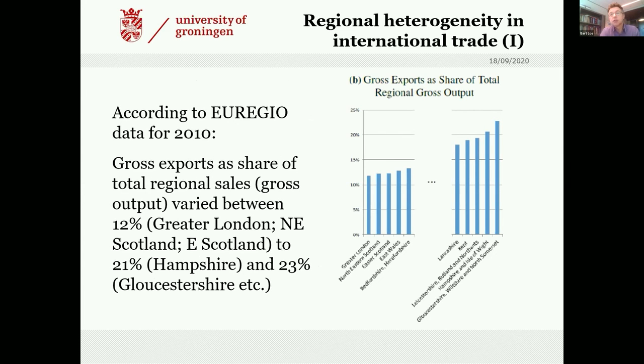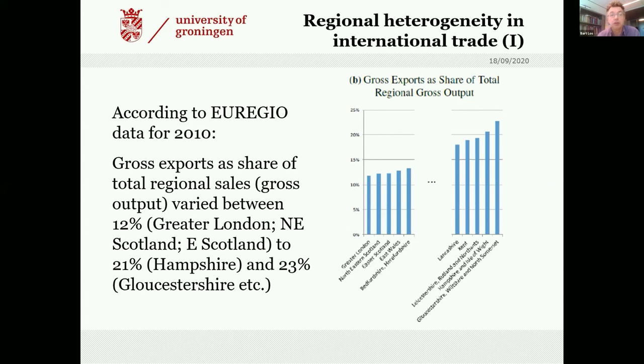So if we look at the heterogeneity, the importance of international trade for regions, then we find that we could use as a measure the gross exports as a share of total regional sales. And then we find that for Greater London, for Northeast England, and for Northeast Scotland and for Eastern Scotland, these percentages are relatively low at about 12%.